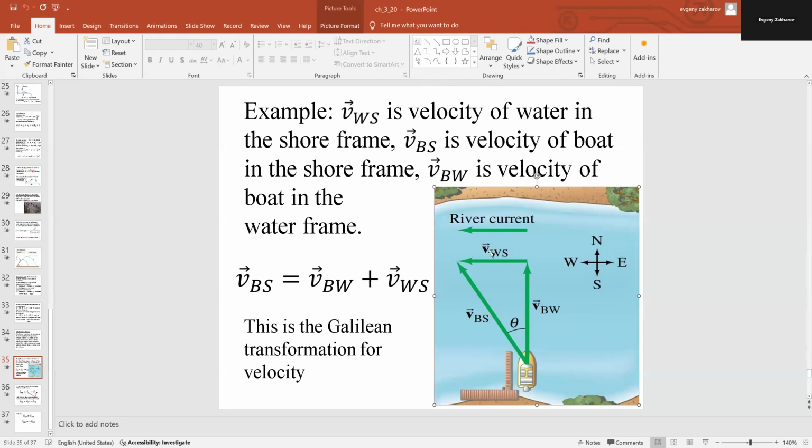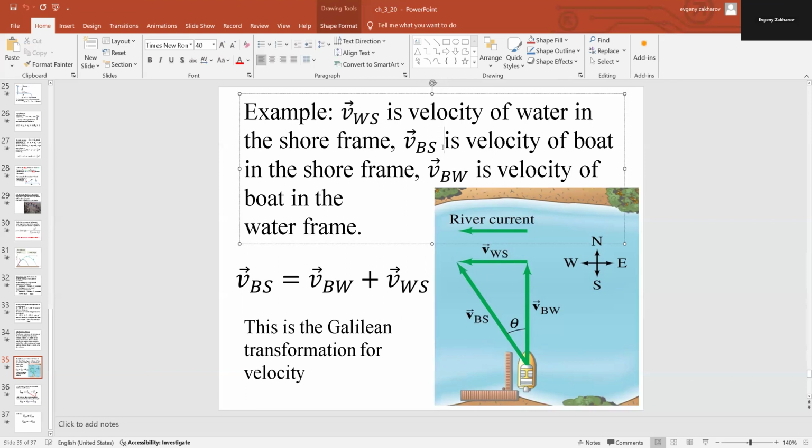So V_WS shows direction to the left, leftward, because this is the direction for river current. So this is the direction for flowing water with respect to the ground. What you can also discuss and solve for is velocity of the boat, which has a subscript B, and S is also the shore. So this is how the boat travels with respect to the ground.